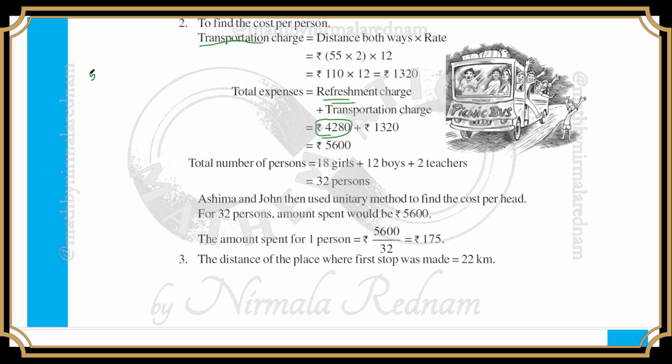I have 55 kilometers, and you have to go back after the picnic, which is one more 55 kilometers, and that's a total of 110. And per kilometer it's 12. So when you multiply with 12, you're going to get the total transportation cost. Now this is the transportation cost and this is your refreshment cost, and when you add these two, you will get the total expense. Now I need per head, so whatever is the total expense, I'm going to divide it by 32, 30 students plus 2 teachers. The answer is 175. So this is about the second question.